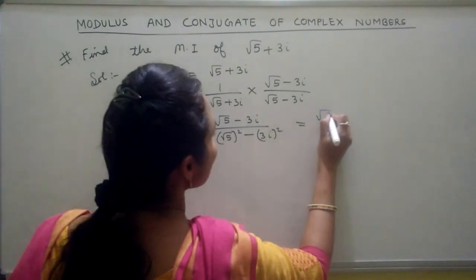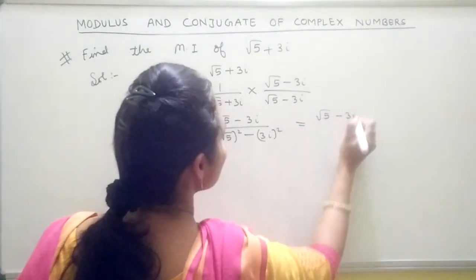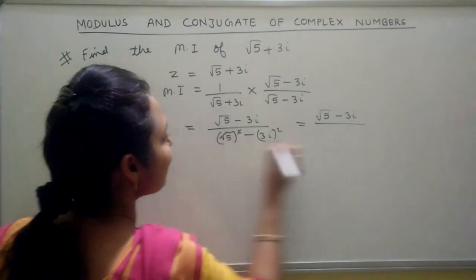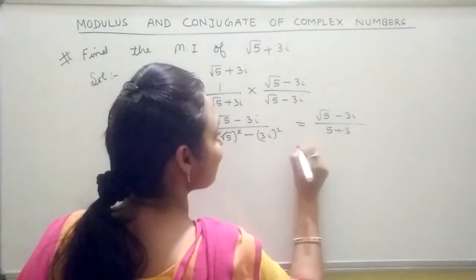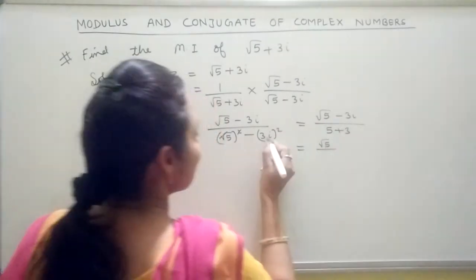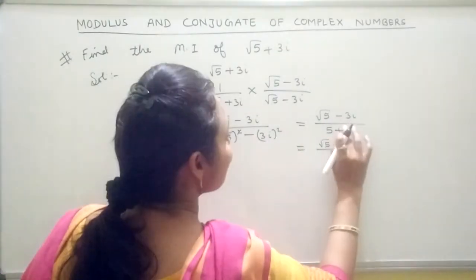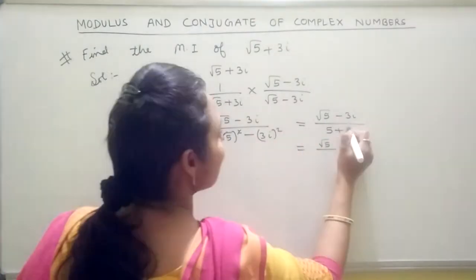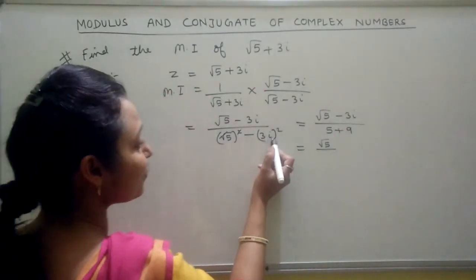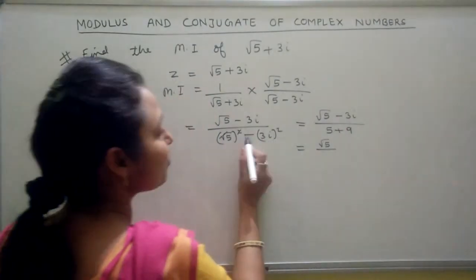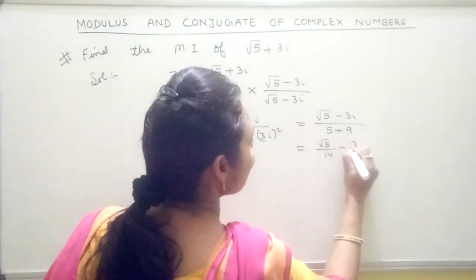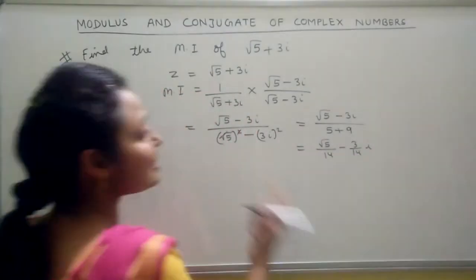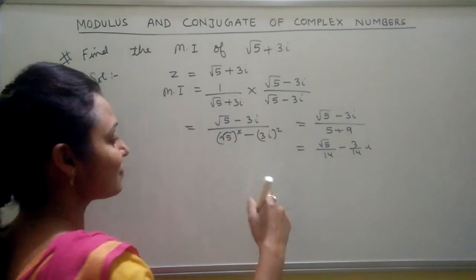The square and root will cancel, so 5, and iota square is minus 1, so it becomes plus 9, 3 threes are 9. Adding these two, we get 14. So the answer is root 5 minus 3 iota upon 14. So this is the way to find the multiplicative inverse.